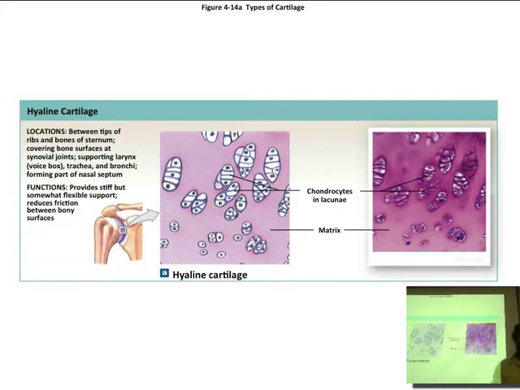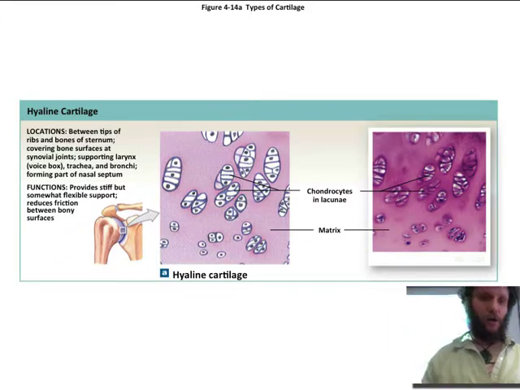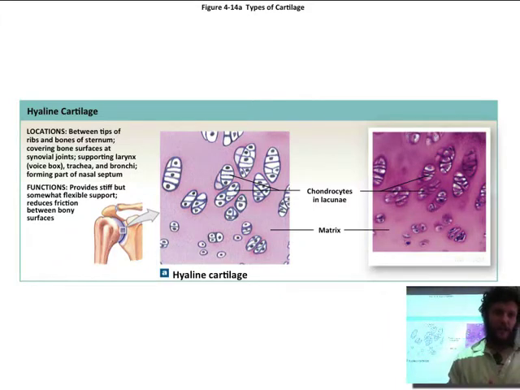Cartilage is another type of connective tissue. There are a number of types of cartilage. This one is hyaline cartilage. This is the kind of cartilage that your nasal septum is made up of. It's the stuff that is laid down and then ossifies to become bone.